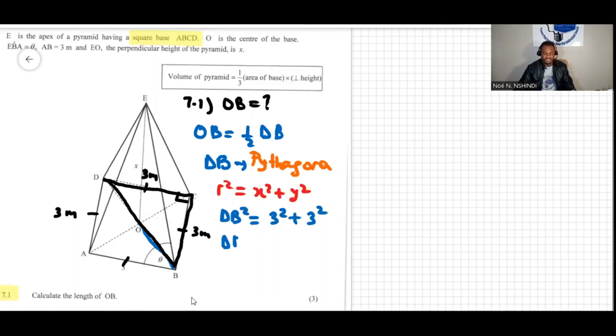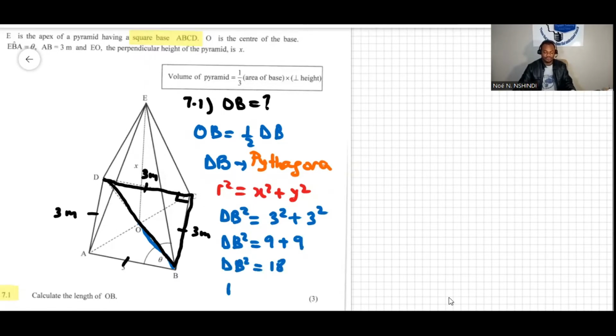And that makes DB squared, careful here, don't say 3 plus 3 equal to 6. Please don't do that. That's wrong. You must just work out 3 squared will be 9, plus 3 squared will be 9, and then DB squared will be equal to 18.